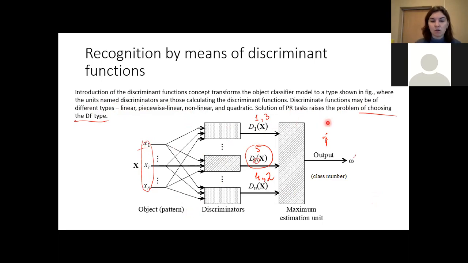Solving the pattern recognition task raises the problem of choosing the type of the discriminant function. So you have the input objects, calculate all discriminant functions, find the maximum of them, and your output will be the class for which the value of the discriminant function is maximum.